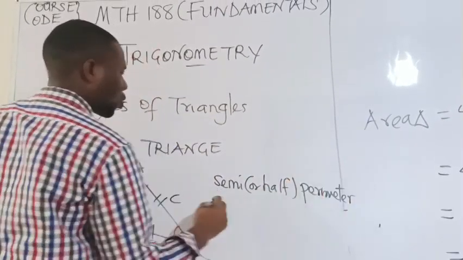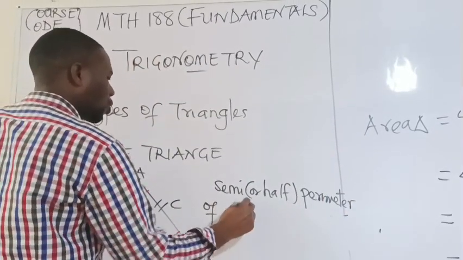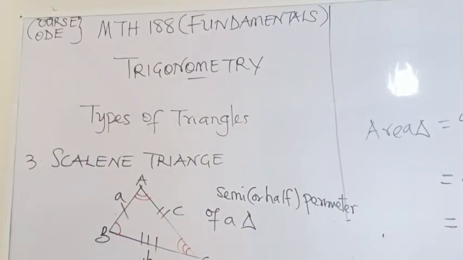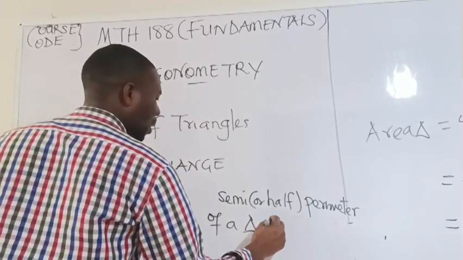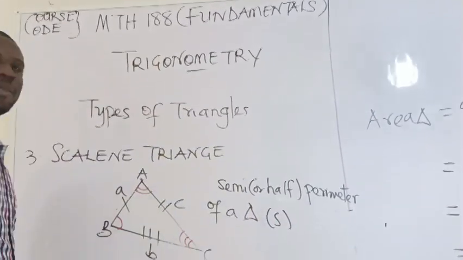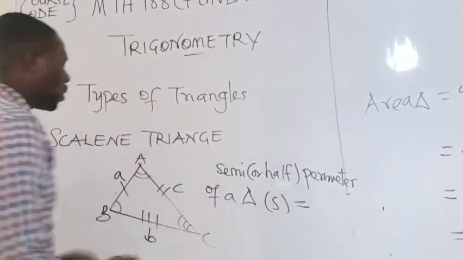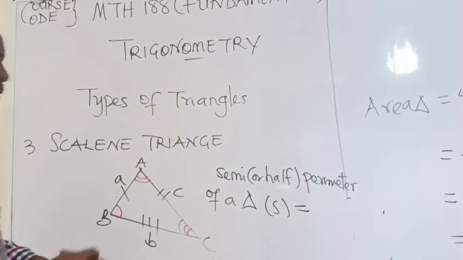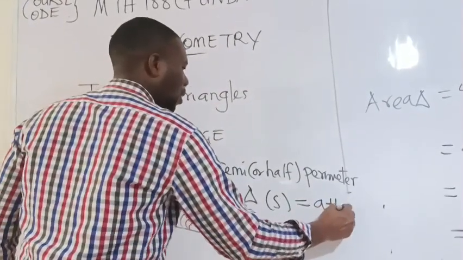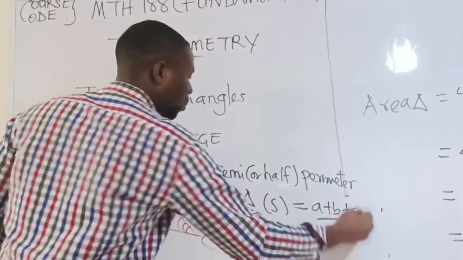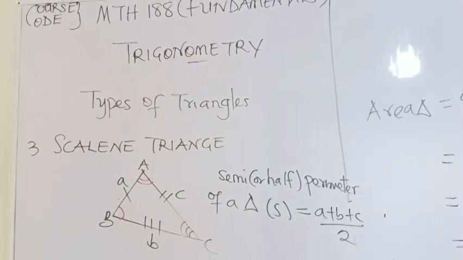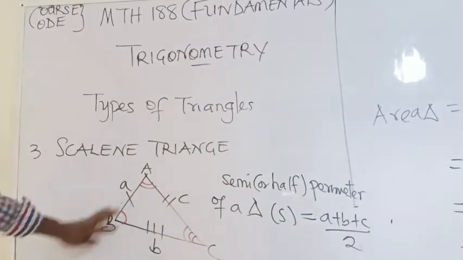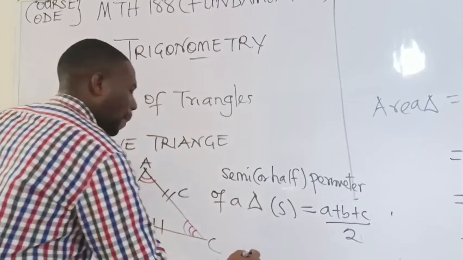Half perimeter of a triangle, right? And we denote that by a symbol S, half a perimeter. And that is simply equal to the sum of the sides, side A plus side B plus side C, divided by 2.